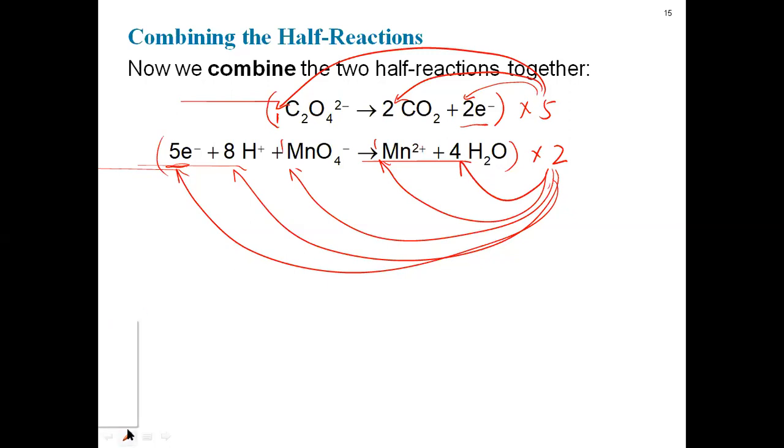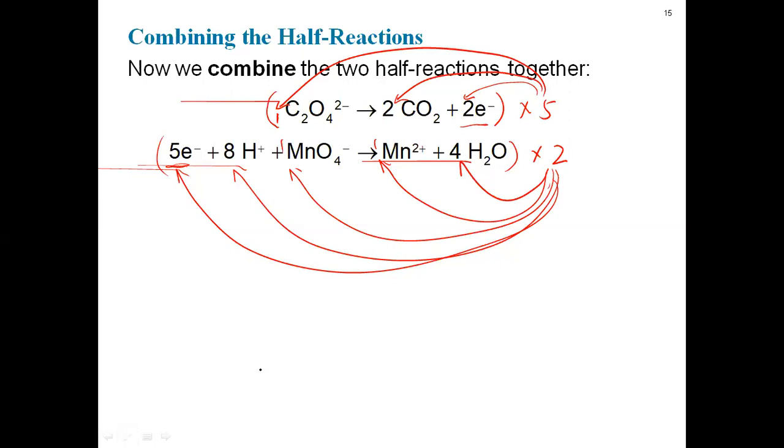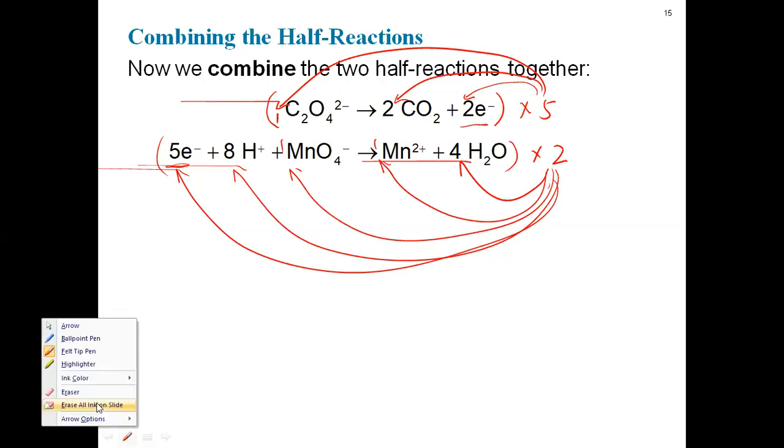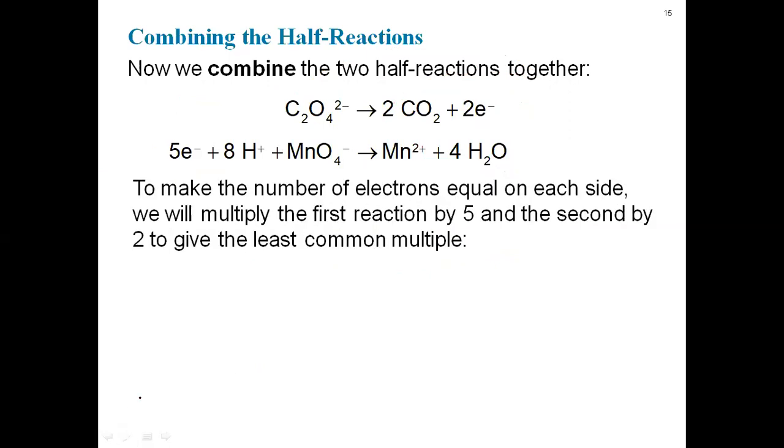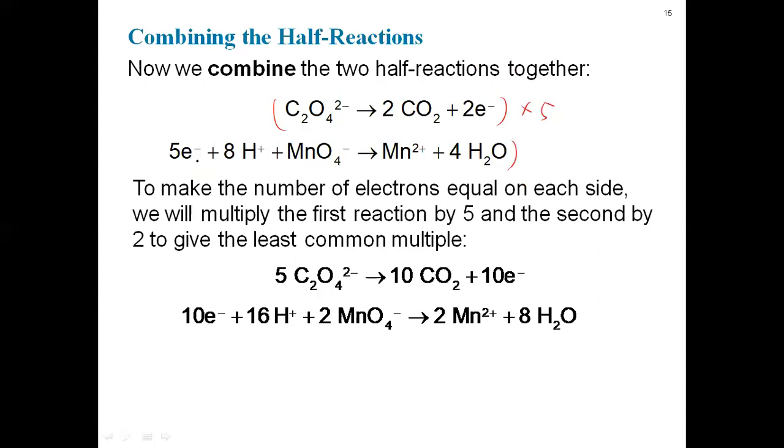After you do that, both equations will have the same number of electrons. Let's check that. Okay. So that's how we multiply 5 onto the first one, and we multiply 2 on the second one.